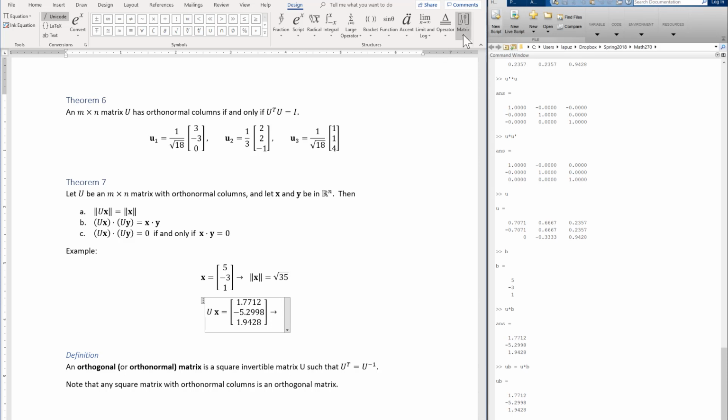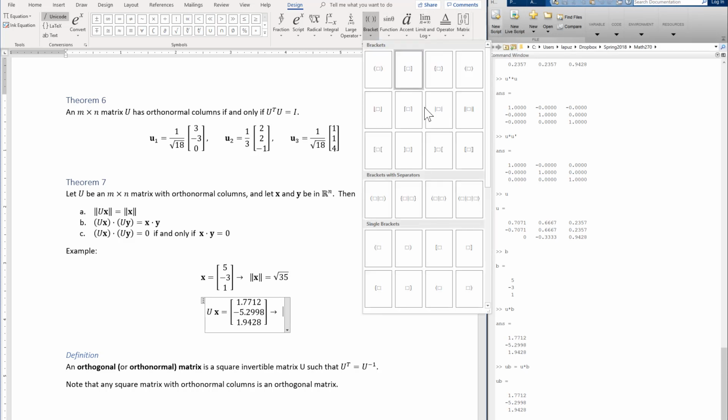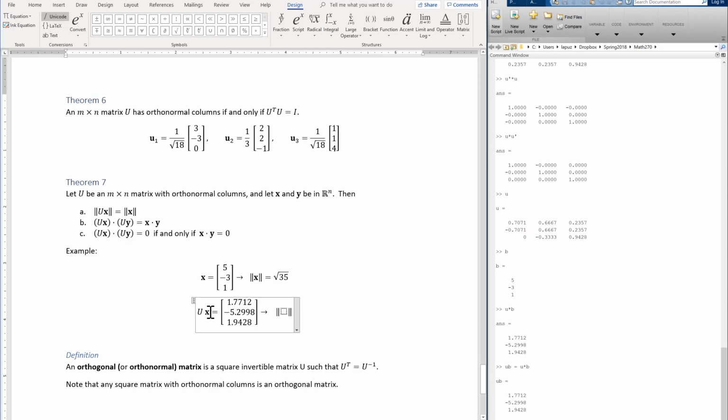So the length of Ux, and here it's called UB, so the length, remember, is a square root, so the square root of UB dotted with itself.